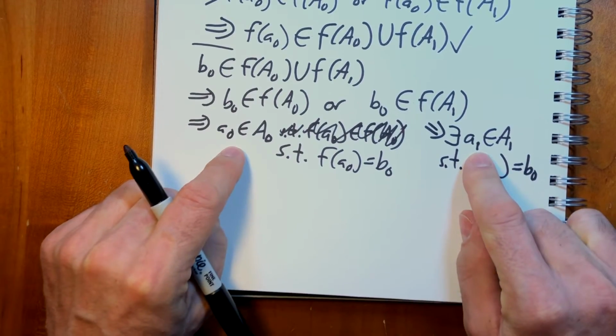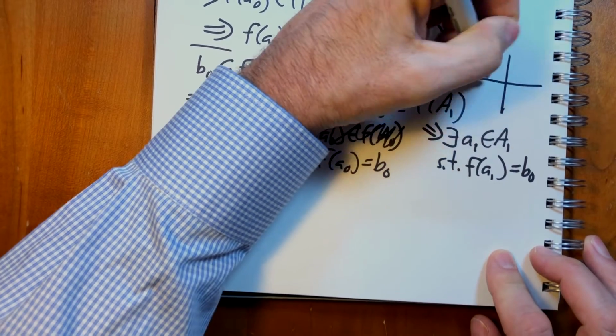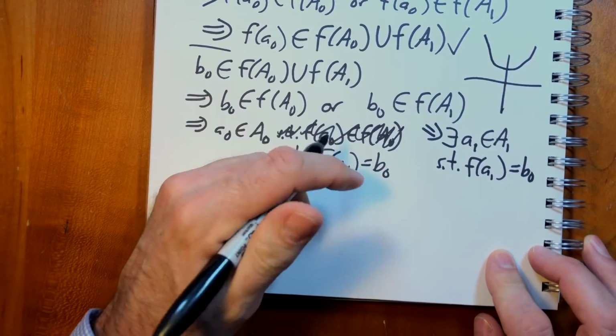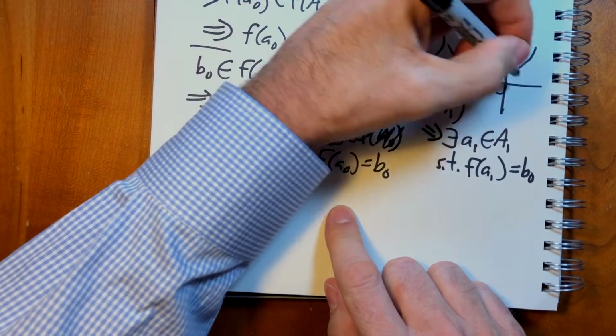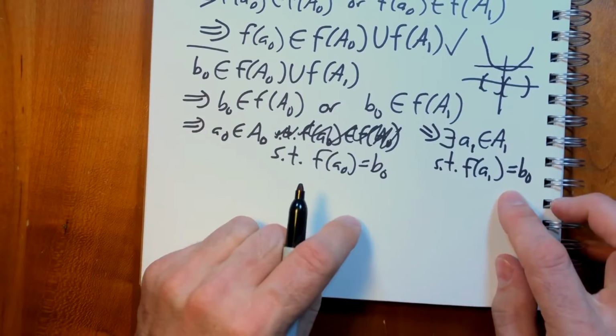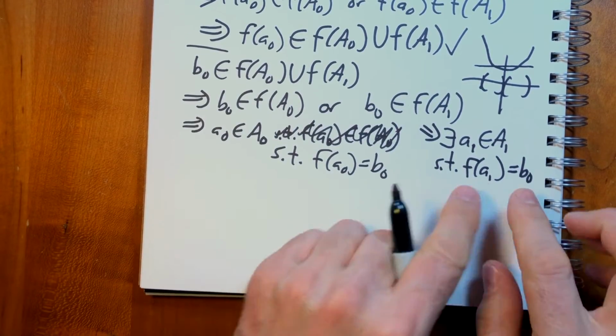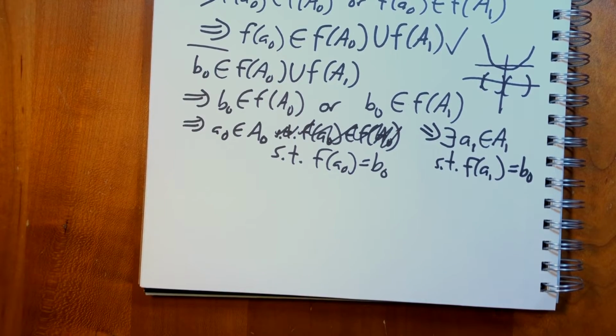This is not necessarily the same number, even though they're both b0, because from our example, a0 could be over here, and a1 could be over here. They're both going to go to the same b0, okay? So even though they both equal b0, we don't know that these two are the same number.